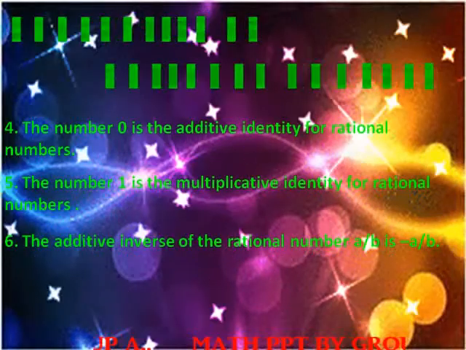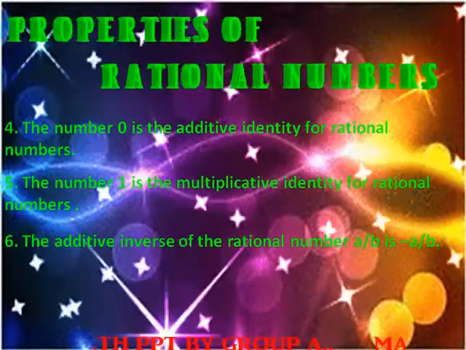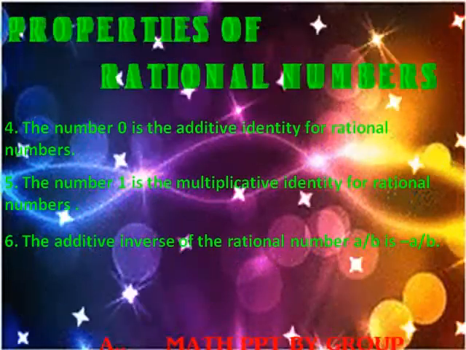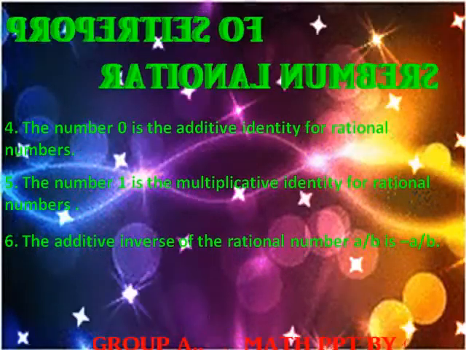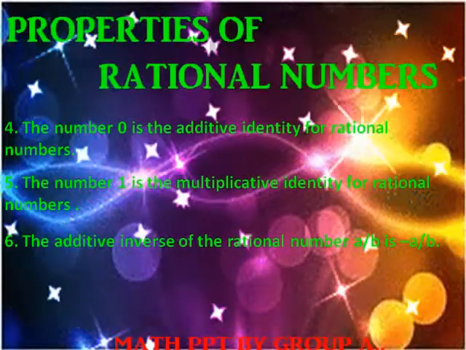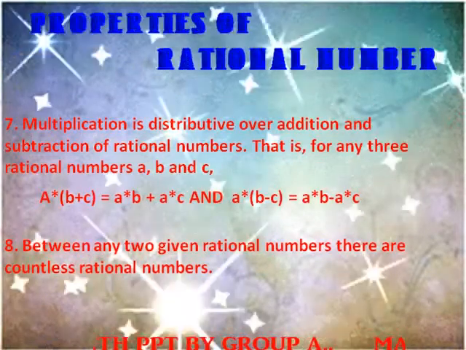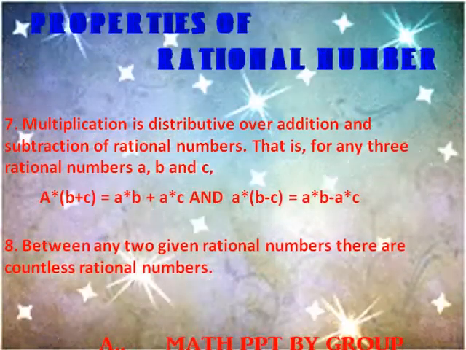The number 0 is the additive identity for rational numbers. 5. The number 1 is the multiplicative identity for rational numbers. 6. The additive inverse of the rational number a upon b is minus a upon b. 7. Multiplication is distributive over addition and subtraction of rational numbers.